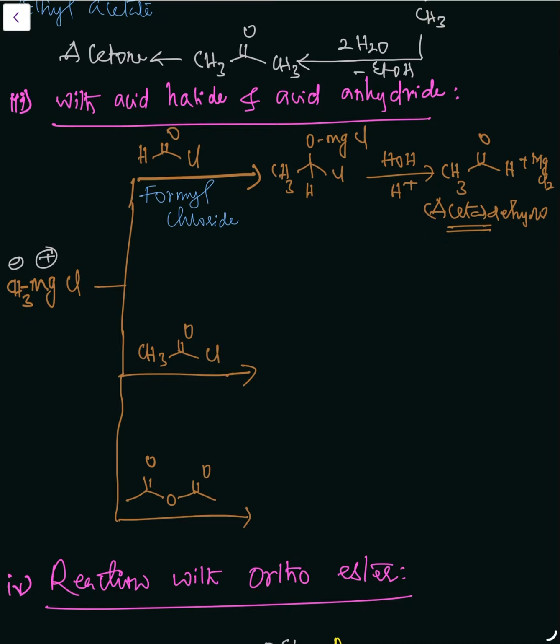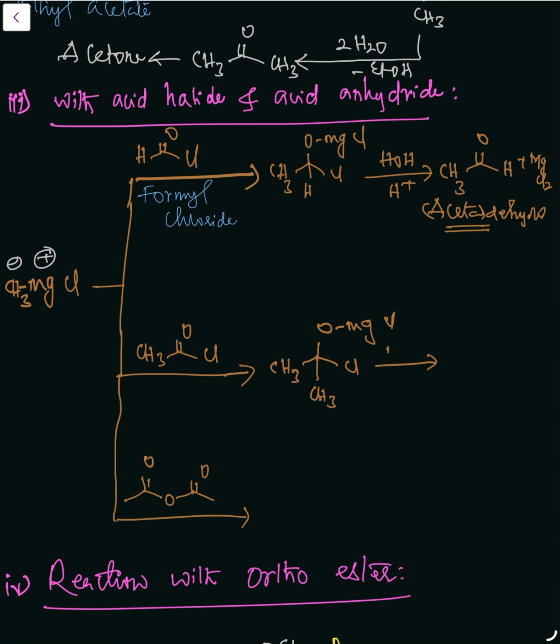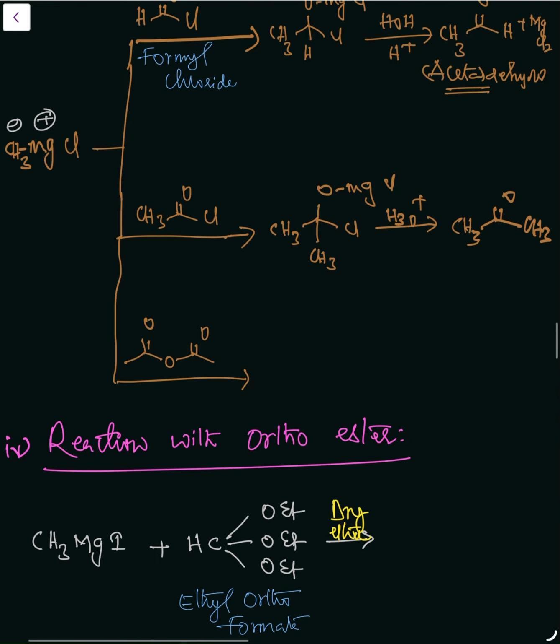Same, if acetyl chloride is taken, then the product formed in this reaction is CH3 C OMgCl, and here CH3, Cl is the compound. This on acid hydrolysis, H3O plus, I'll write, then the compound formed is acetone. Same mechanism as the above one.